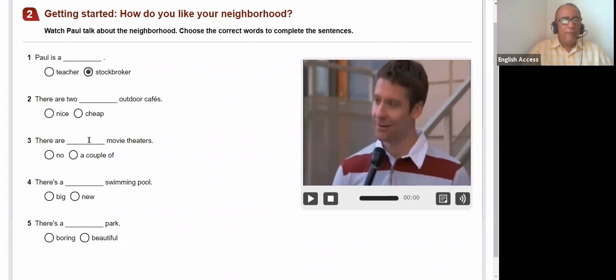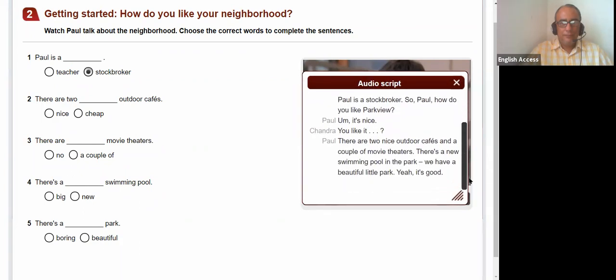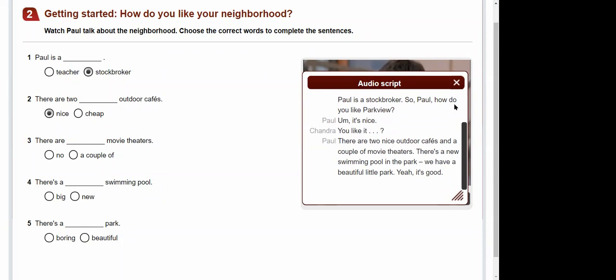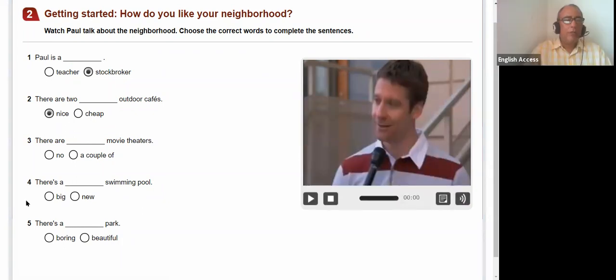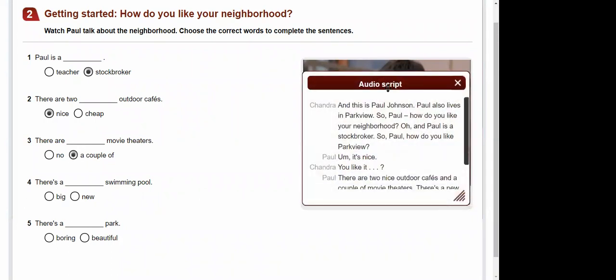For number 2, there are 2 nice outdoor cafes. What about number 3? There are a couple of movie theaters. Very good.